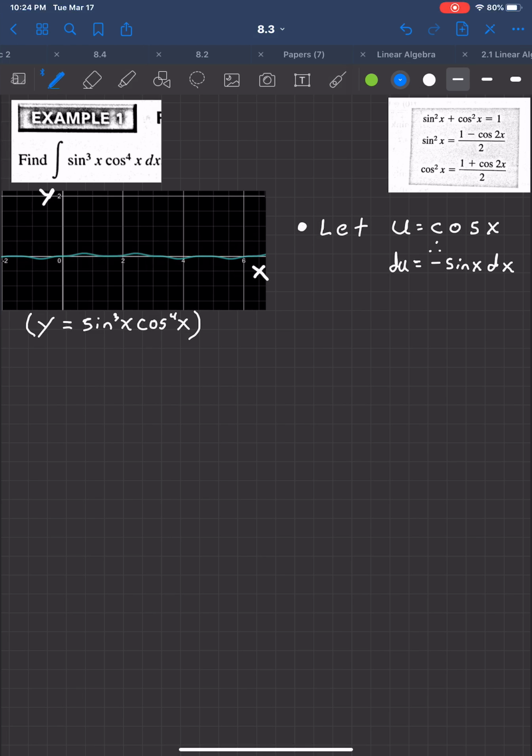So notice example 1. It says, can you integrate sine cubed of x multiplied by cosine to the 4th of x with respect to x? This little graph that I have produced for you here was in no way part of the example. It's not required that we know what the graph looks like.